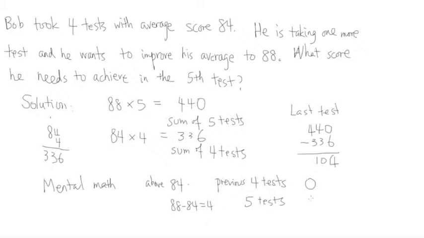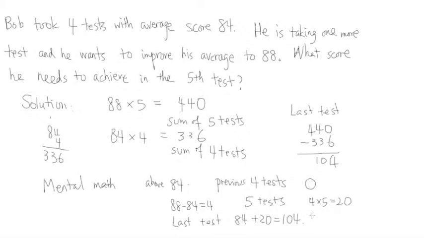So we need to be 4 points above for 5 tests each. So that means I need to do 4 times 5, 20 points above. And all these 20 points above the 84 is achieved in the last test. So which means the last test, I should get 84 plus 20, 104. Okay, I think again the second method is easy.